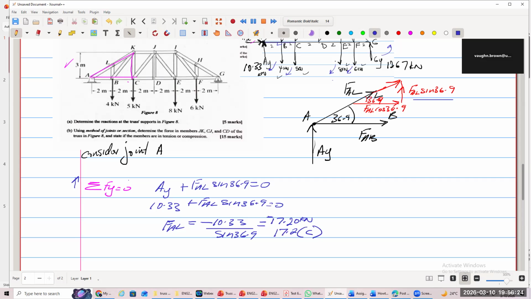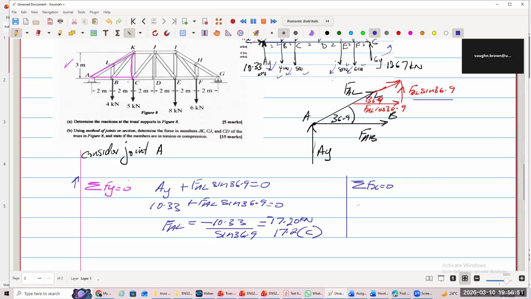All right. Now that we do that, we are left with one more to solve for. So now we're going to apply the equation in the X. We're going to sum our forces in X equal to 0. That one is a little bit longer, so I'm going to write it down here.